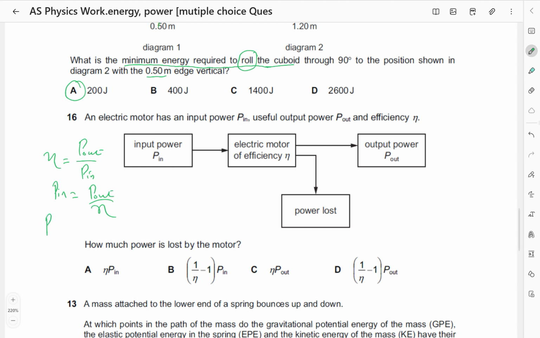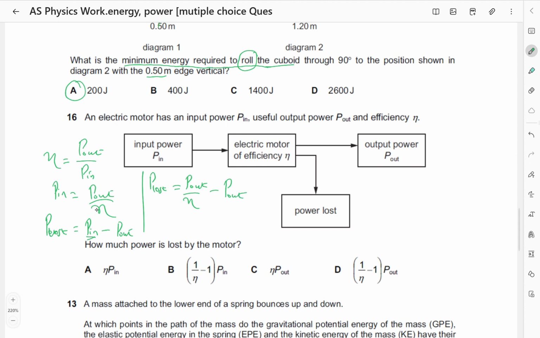We also know that power lost is going to be power input minus power output. But power input is P out over nu, so I'm just going to substitute. So power lost is P out divided by nu, then minus P out.